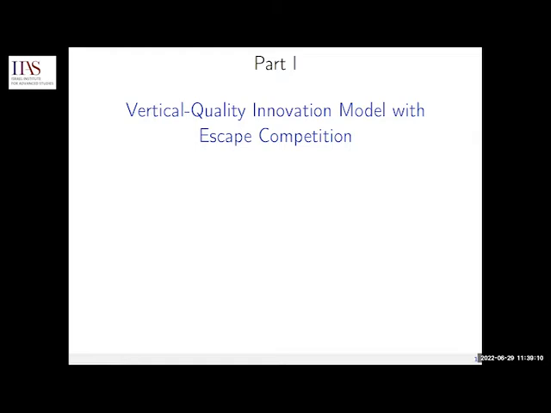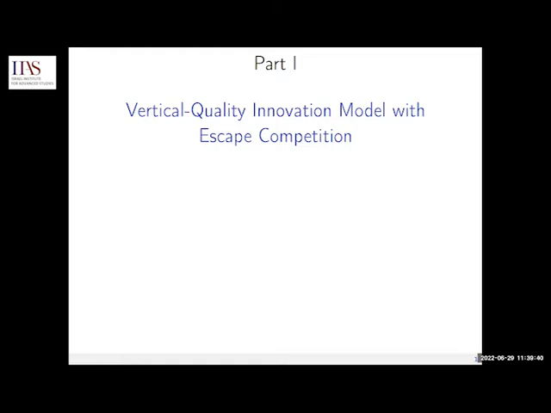The cleanest one would be to throw in import competition into that model. You can move away from CES, and go from monopolistic competition to Cournot or Bertrand competition with differentiated products. The answer is going to be unambiguously that more competition is going to reduce innovation.